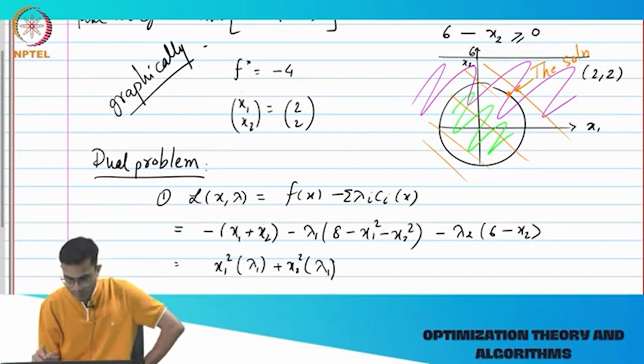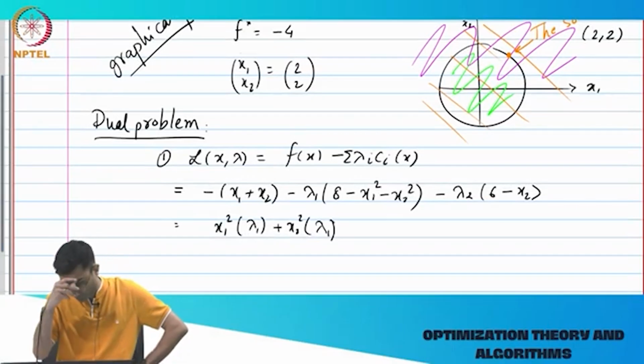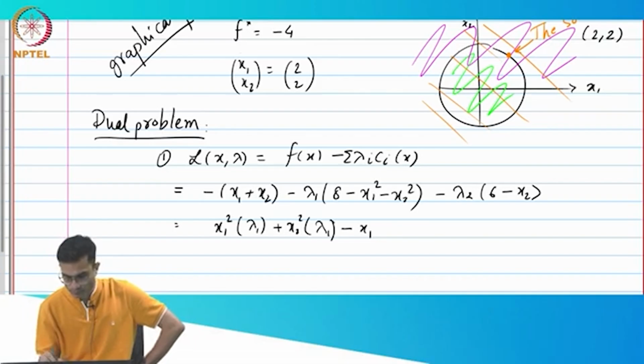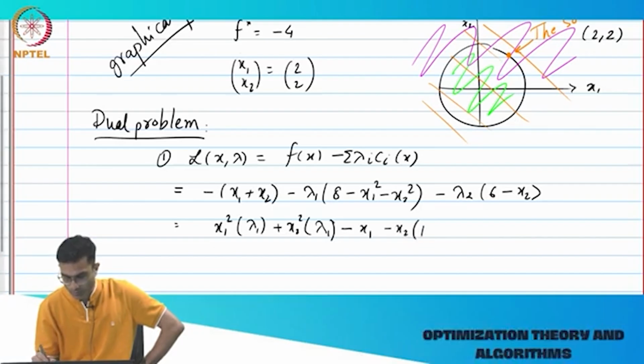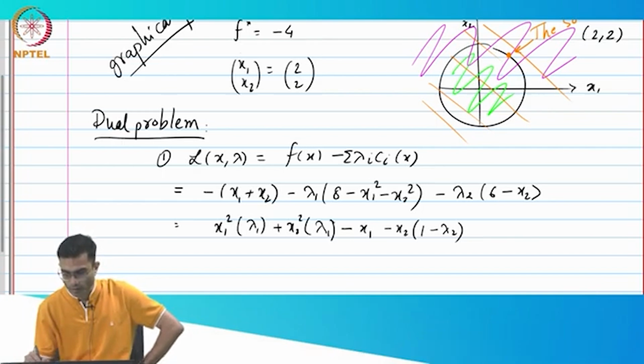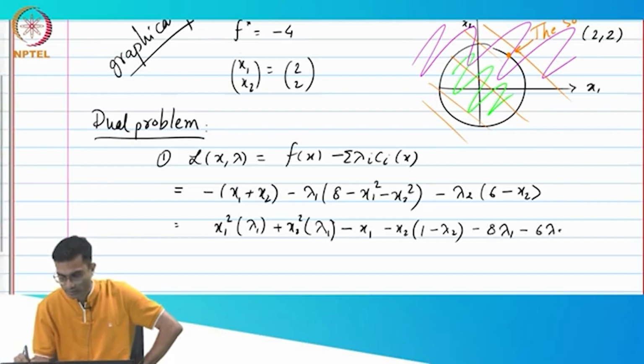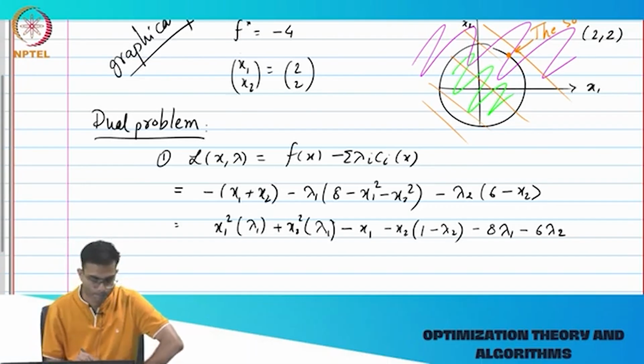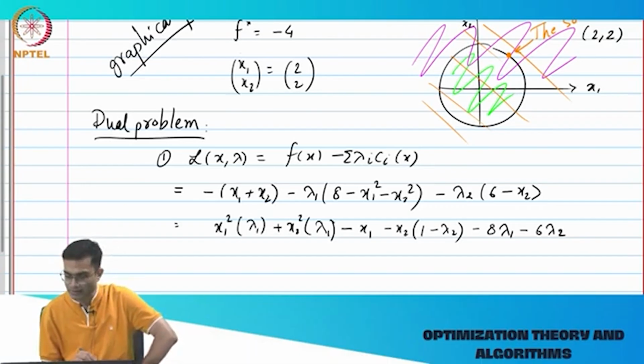Then I have the x1 term. What is the x1 term? Minus x1. What is the x2 term? So let's write it x2 multiplied by (1 minus lambda 2), right? And any constant terms? Minus 8 lambda 1 minus 6 lambda 2, is that right? Any mistakes in this?